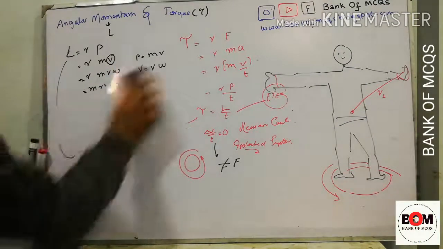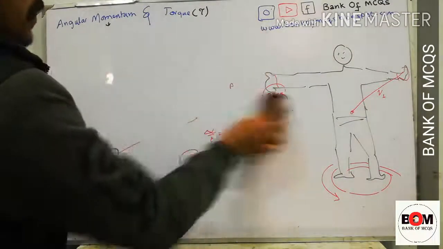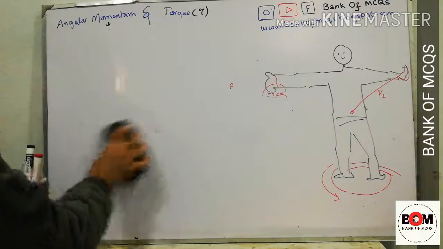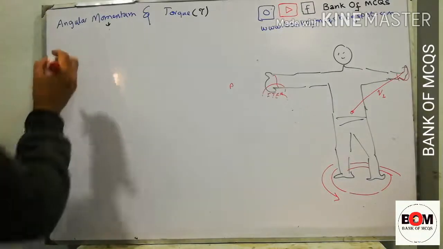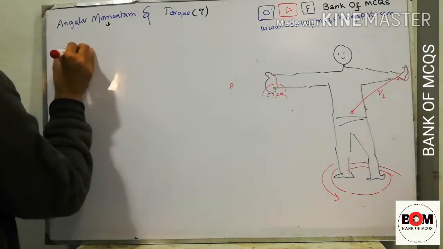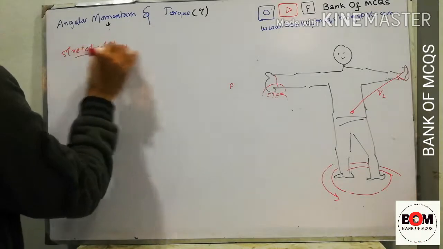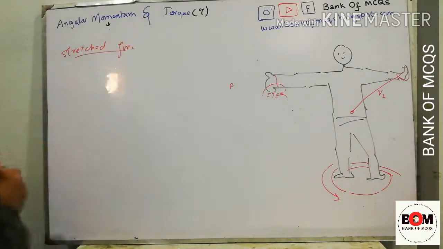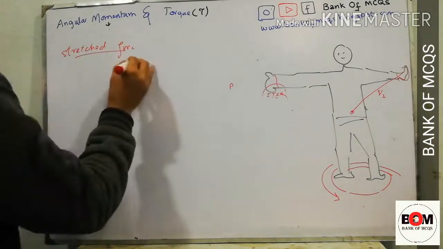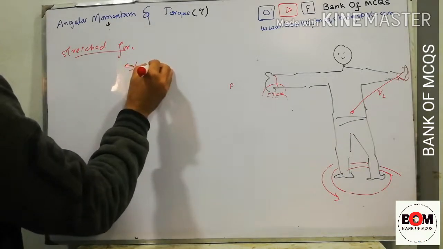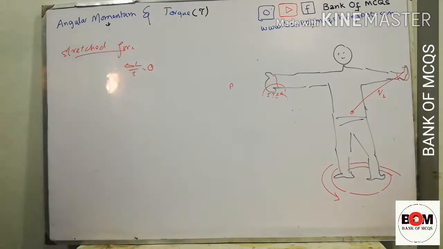So in the first case, the acrobat has his hands stretched out, and delta L by t remains constant, or any change in it is equal to 0.